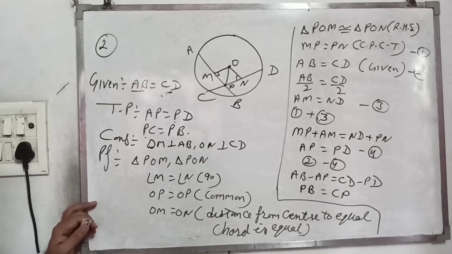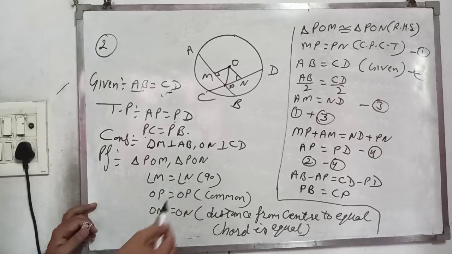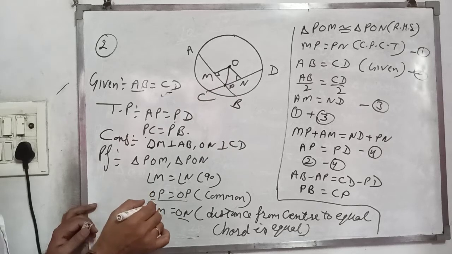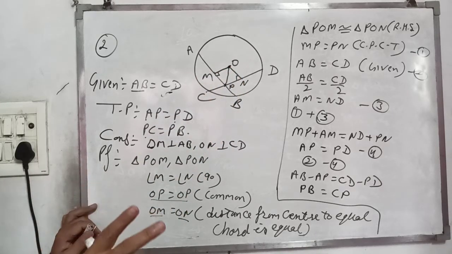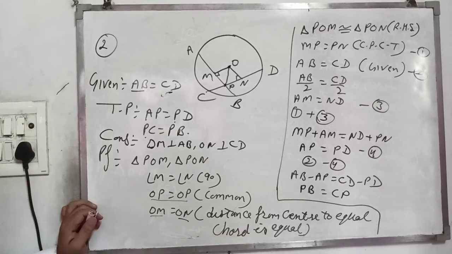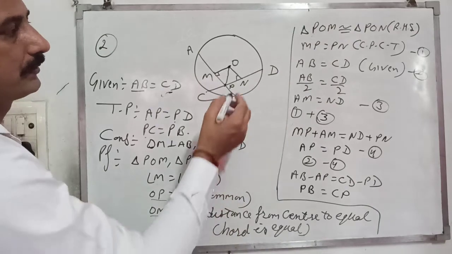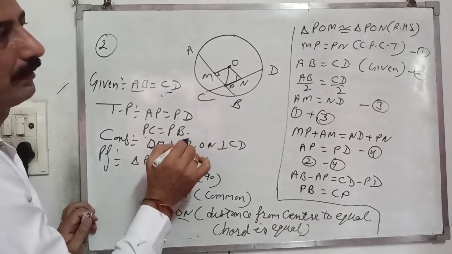OP is common in both. OM equals ON, because if two chords are equal, their distance from the center is also equal. So the two triangles are congruent, which means PM equals PN, right?